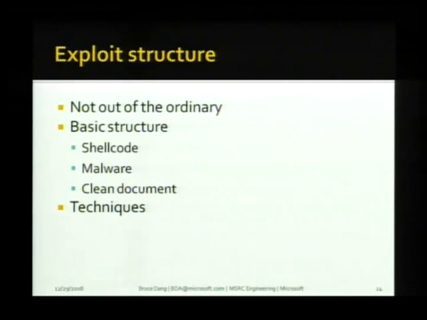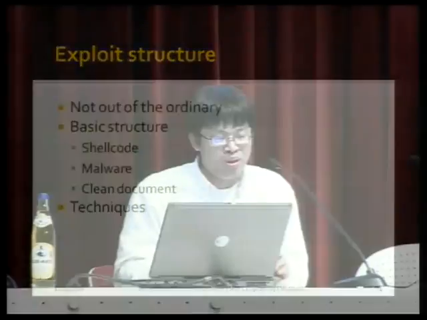So you can change the number, do whatever you want with it, and you ruin Office or something. Anyway, the basic structure is you'll have shellcode, which all exploits have. And then you have a malware component, which is typically attached to the end of the document. Sometimes it can be in the middle of the document. It varies. And then you have a clean document, which is what the victim sees when the exploit runs.